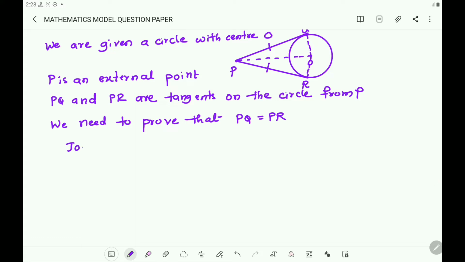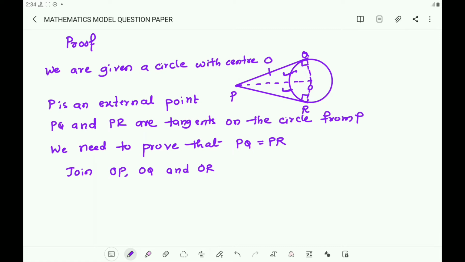Join OP, OQ and OR. Now these two are right angle triangles. Triangle OQP and triangle ORP are right angle triangles because these two are right angles.